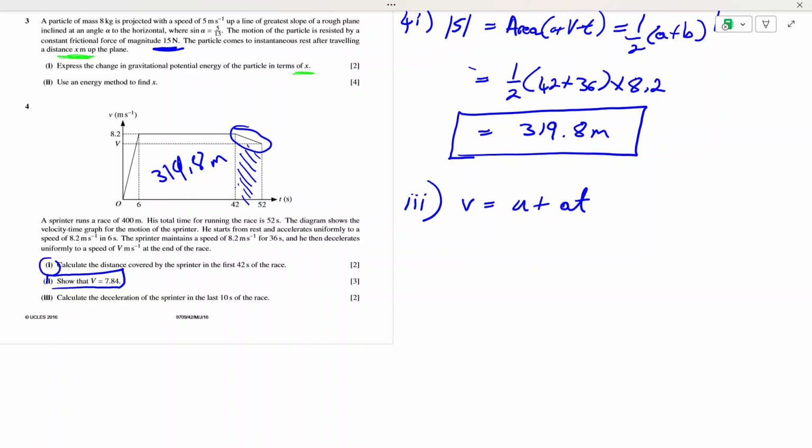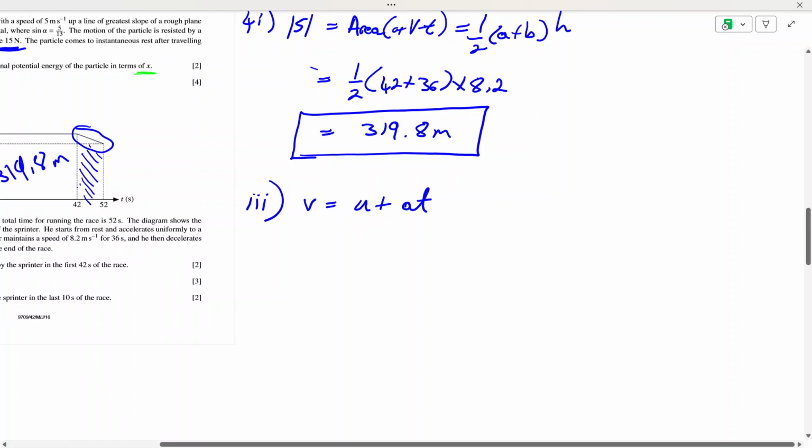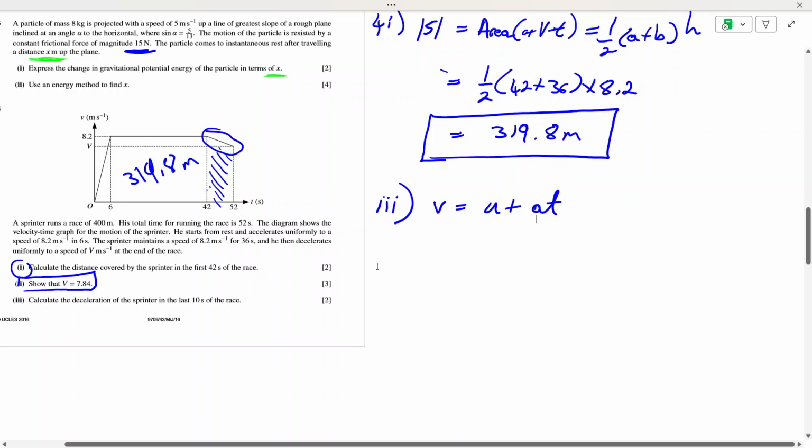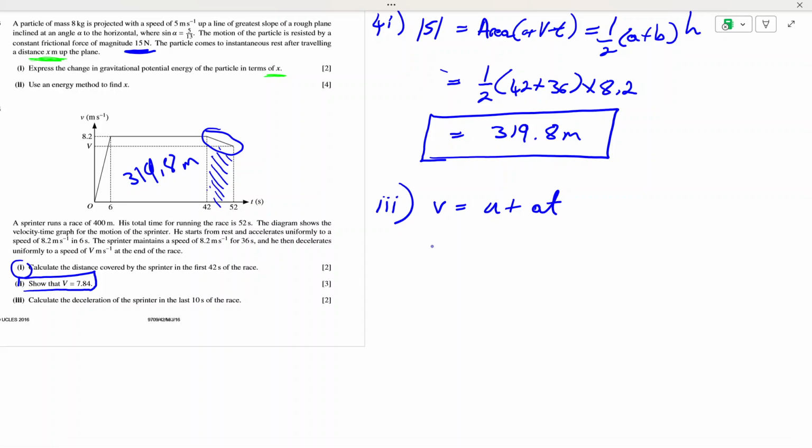The final V is 7.84. The initial is this, the 8.2 meters per second, plus the acceleration that we're going to calculate.